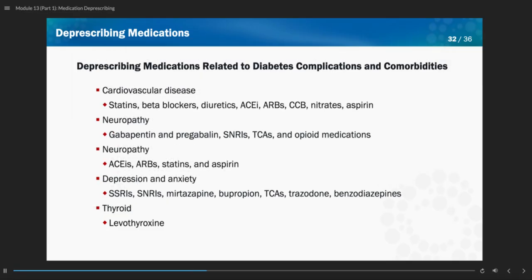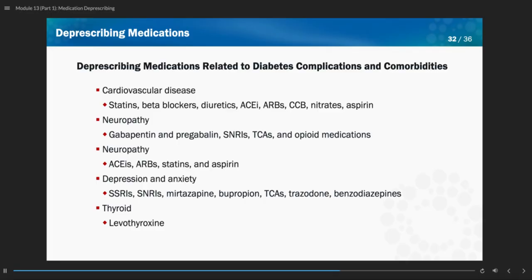So as we look at the changes that we make, there's not a different diet or a different nutritional plan that you'd be on to control depression or to reverse hypertension than it is to reverse diabetes. So that's a good thing. The changes that you're prescribing for reversing diabetes are also going to impact comorbidities such as cardiovascular disease.